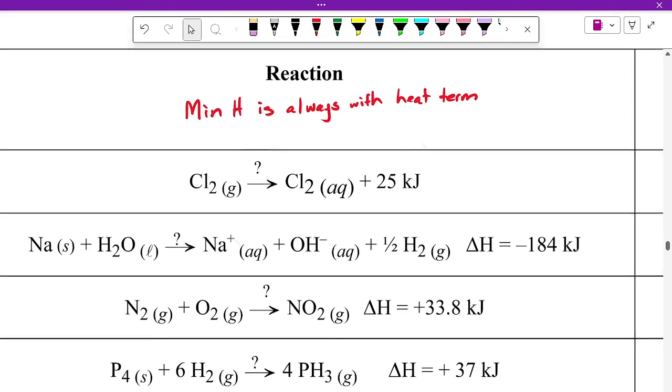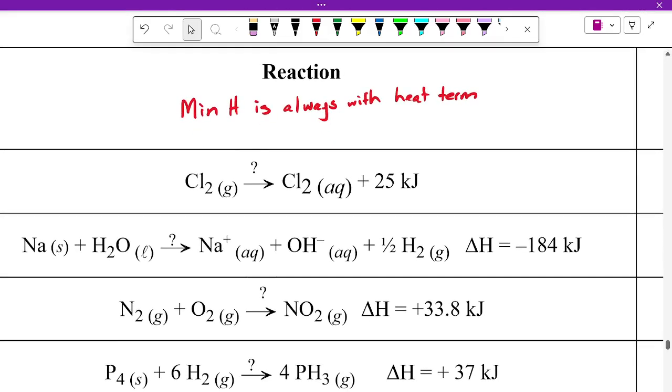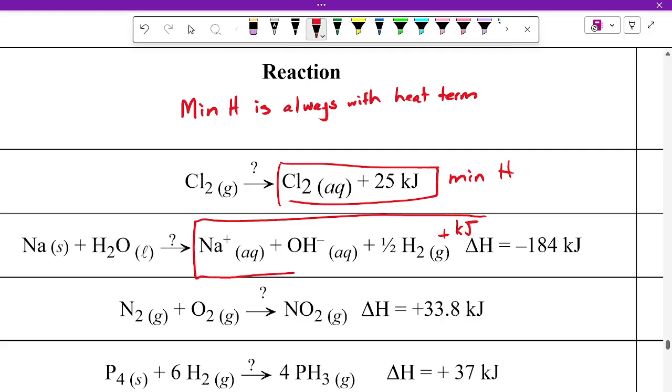So we can actually go through here and say, ooh, minimum enthalpy. And we can say, oh, that's a negative value. That means my kilojoules are over here. And if my kilojoules are over here, that means this side has the minimum enthalpy.